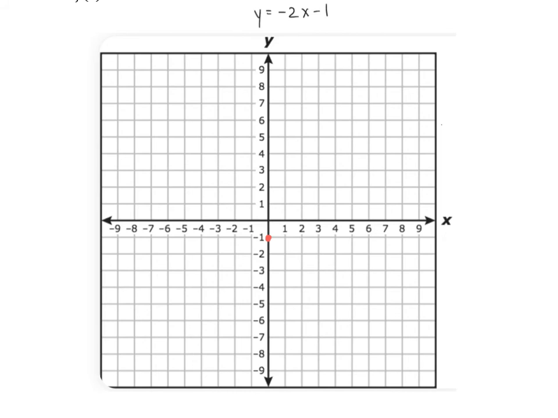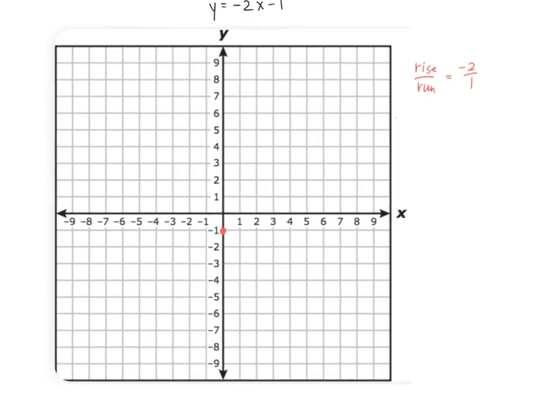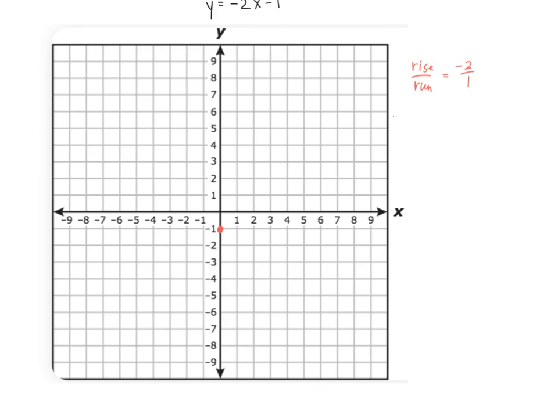And then you're going to use your slope to find other points. So remember, your slope is rise over run. Our slope is -2, so that would be like -2 over 1. You only apply the negative to one of the numbers. So you could apply it on the top as a -2 over +1, or you could apply it on the bottom so that it's a 2 over -1.